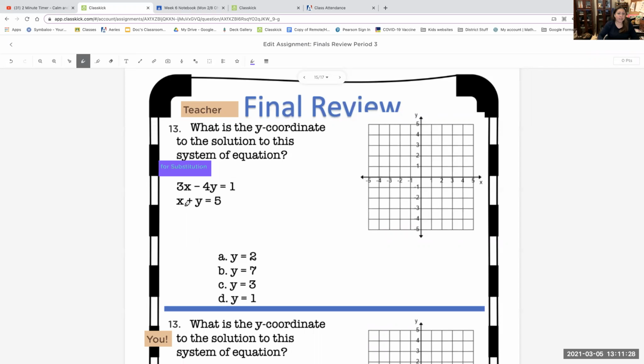The reason why we don't want to solve for y, notice here, it wants us to solve just for the y coordinate. I just want the y. I don't want the x. I don't want both. I don't want where it intersects. I just want where the y is. So that's the reason why substitution is better for this one, because I just need to do the work.